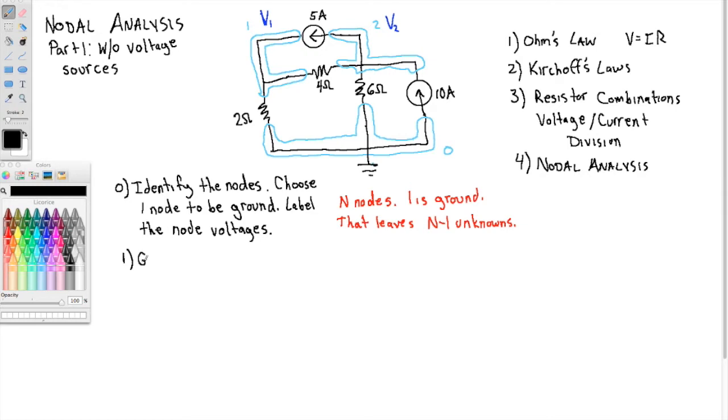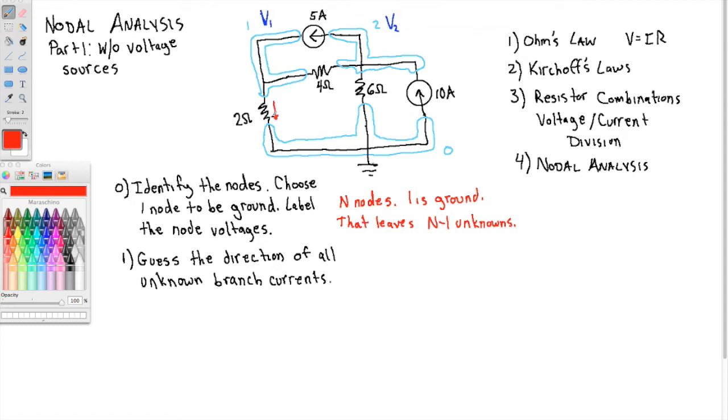As step 1, then, after we've done that, just guess the direction of all unknown branch currents. Okay, and if you've really been paying attention to the last 3 videos, you should be convinced now that our guess of the direction does not matter.